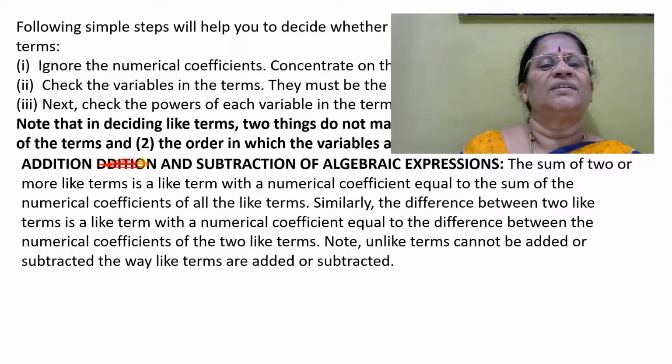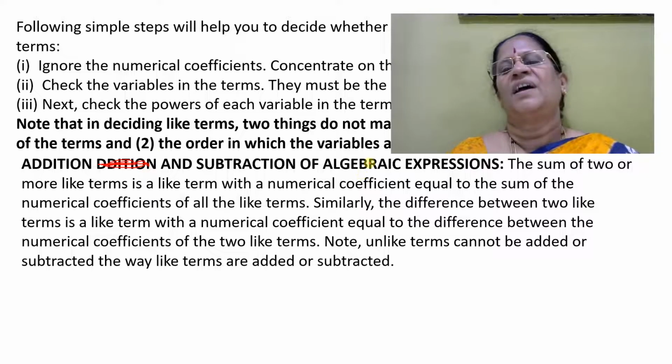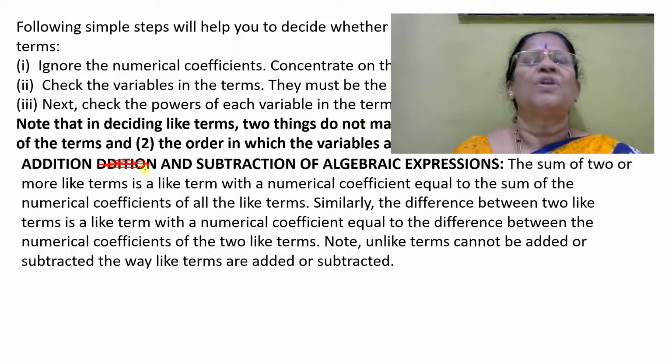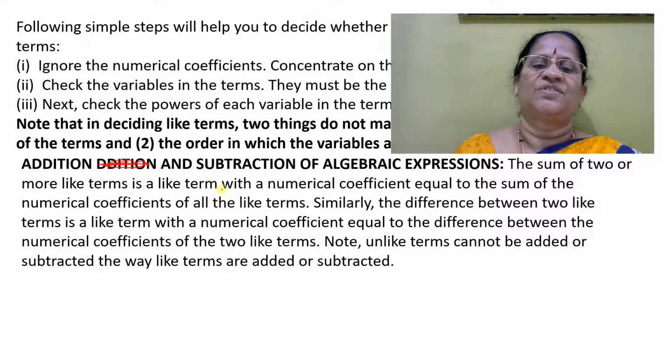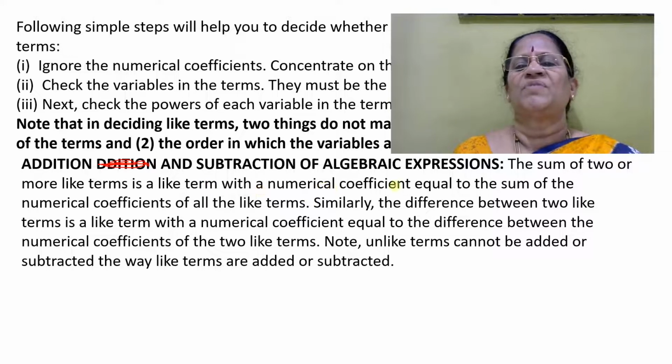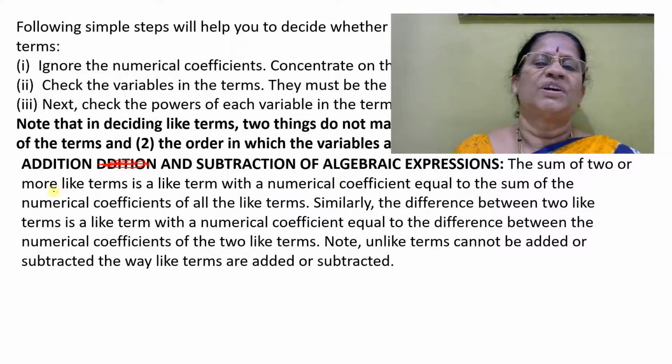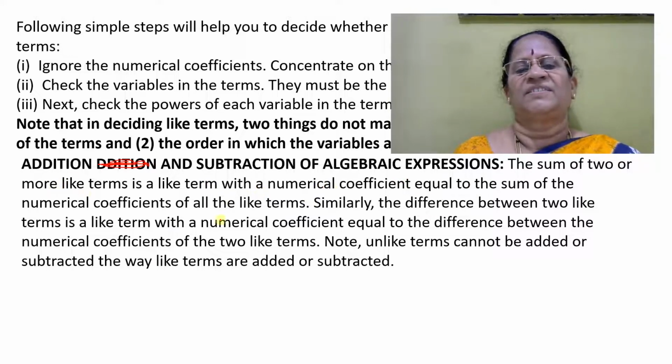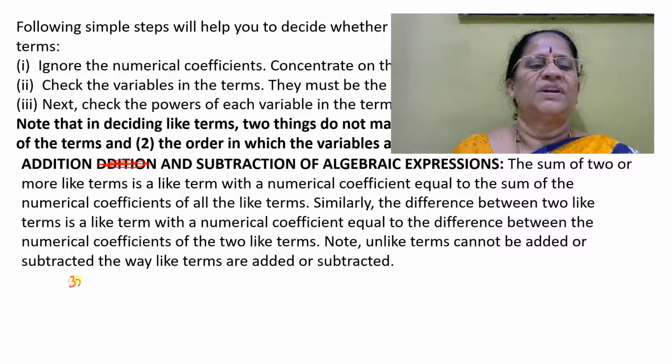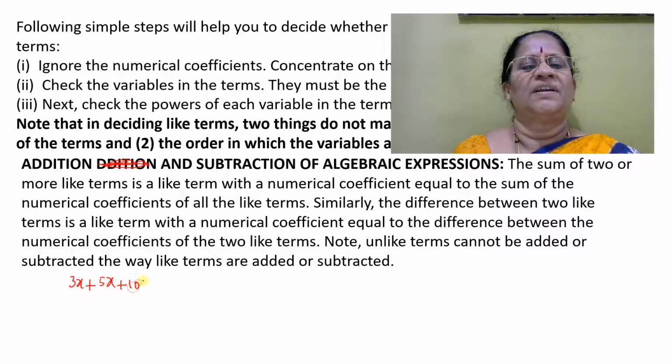Addition and subtraction of algebraic expressions. The sum of two or more like terms is a like term with a numerical coefficient equal to the sum of the numerical coefficients of all the like terms. I will give one example. Suppose we have 3x plus 5x plus 10x.